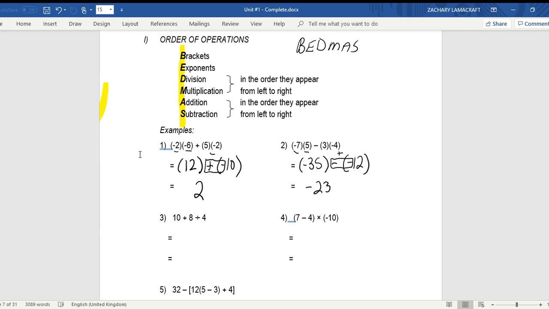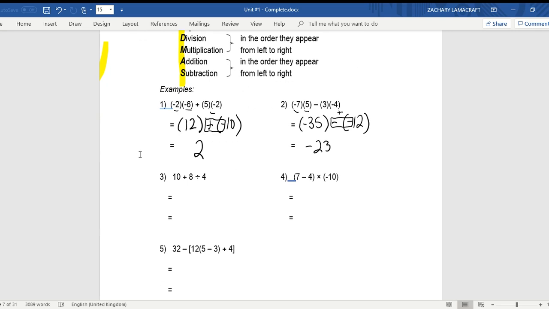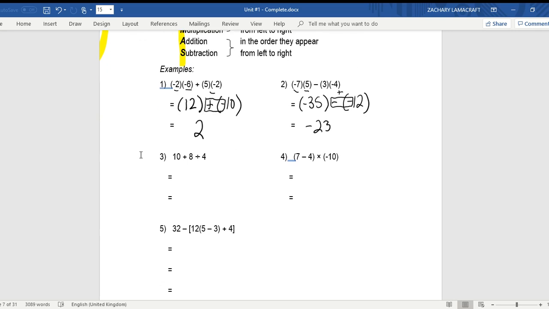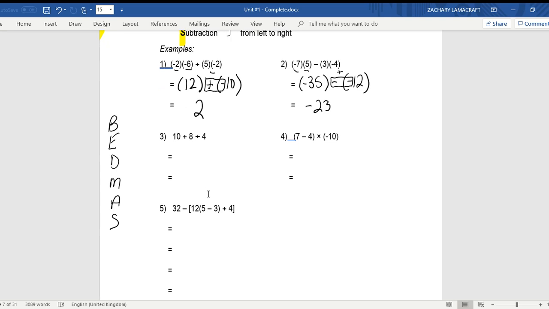So those ones are pretty straightforward, but when we get into our next couple of examples, we have to really take into consideration BEDMAS, okay? So we have 10 plus 8 divided by 4. Well, we don't have any brackets, we don't have any exponents, but we do have division. So we're actually going to do the division first.